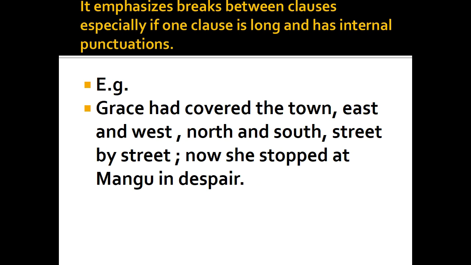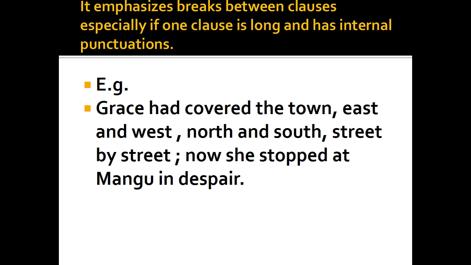It emphasizes breaks between clauses, especially if one clause is long and has internal punctuation. So we're still talking about clauses, which means it cannot be used in a simple sentence. It's normally used in compound, complex, and compound-complex sentences.